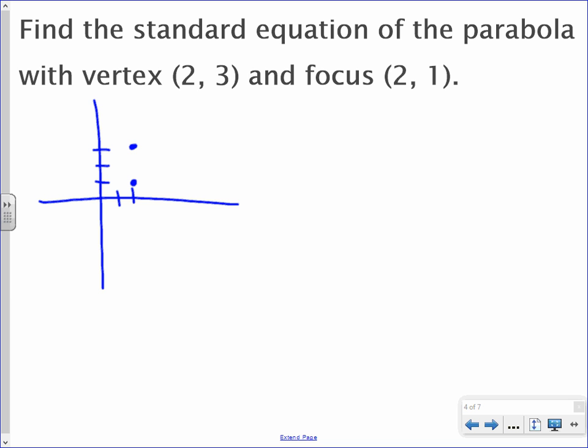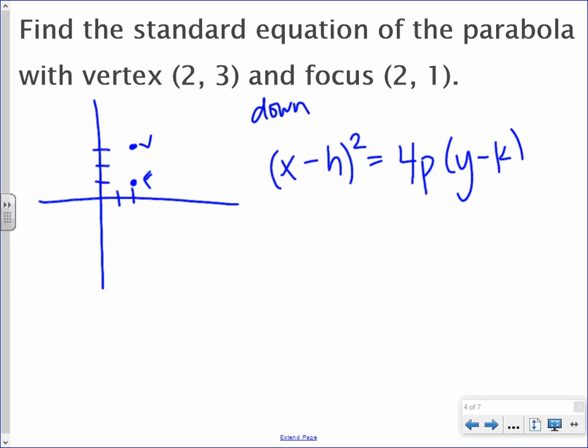Okay, this is going to open down. This is the focus and this is the vertex, right? It's going to open down, the focus is inside the parabola. So it's opening vertically. We have x minus h squared equals 4p times y minus k. Please make sure that your 4p is with the linear side.